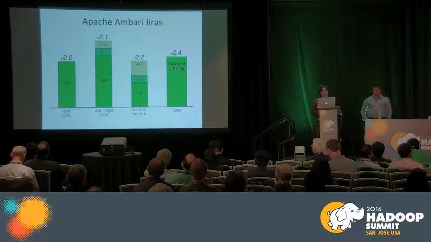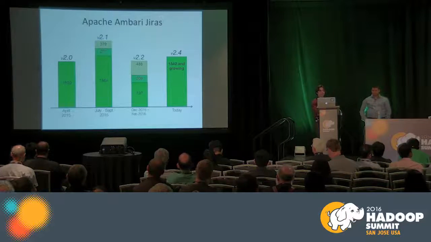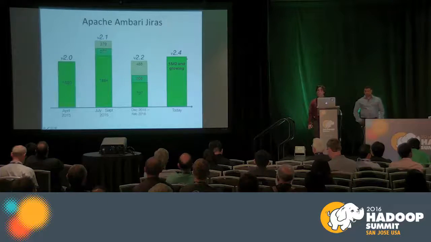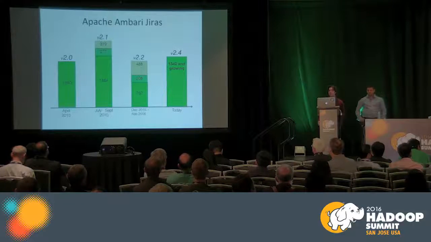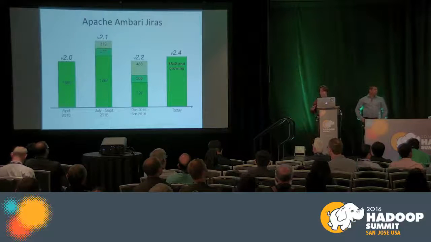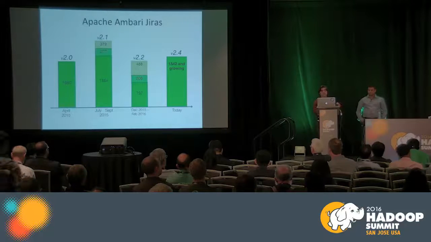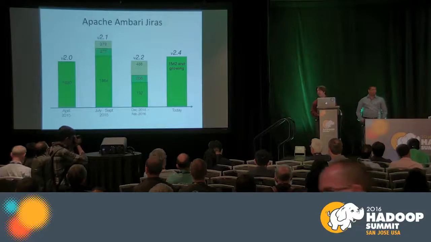And it's kept increasing ever since. The current release that we're targeting is Ambari version 2.4, and so far that has over 1,500 JIRAs, and it's still growing. Right now it's at a point where it's very stable, yet we're adding more functionality and thinking about the future and what new trends we want for Ambari.